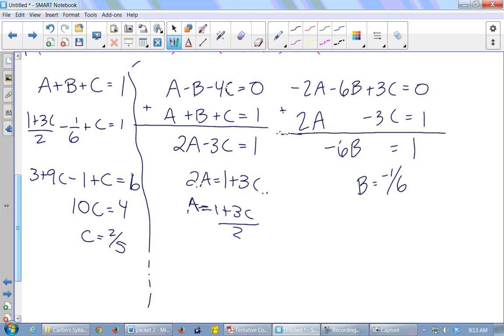And then I can go back to my a equals equation, plug in the c, and I'll have that. 1 plus 3 times 2/5 is 6/5. 5/5 plus 6/5 is 11/5. Times a half is 11/10. Did I do that right in my head? 11/5 divided by 2 is 11/10, yeah.